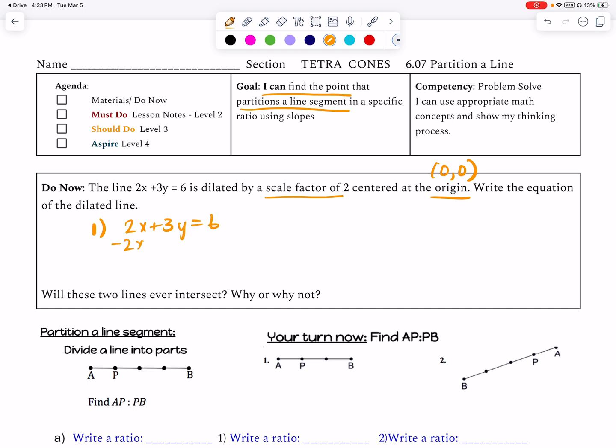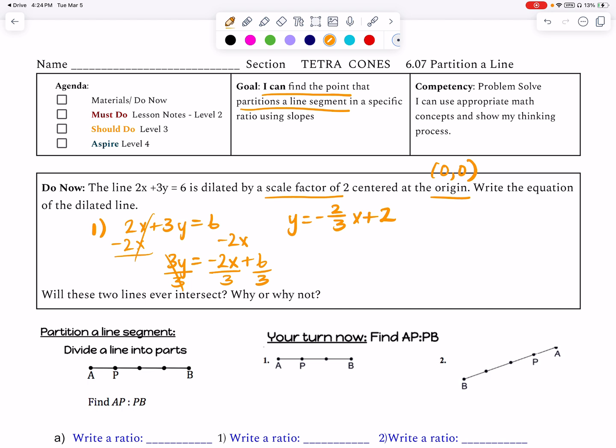I'm going to subtract 2x on both sides. I'm going to write the term with the x first and then the constant, the number alone. And to get y alone, we're going to divide out the 3 on all terms. So if I simplify this, I get y equals negative 2/3 x plus 2.